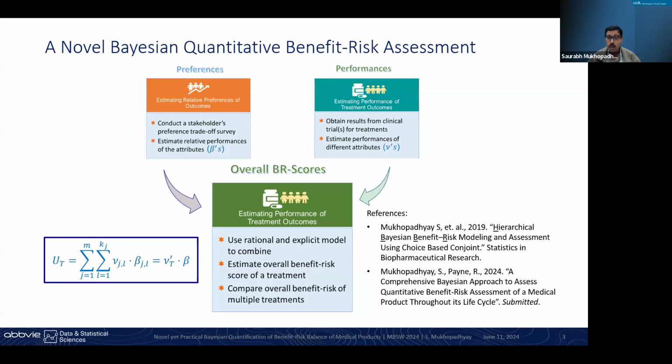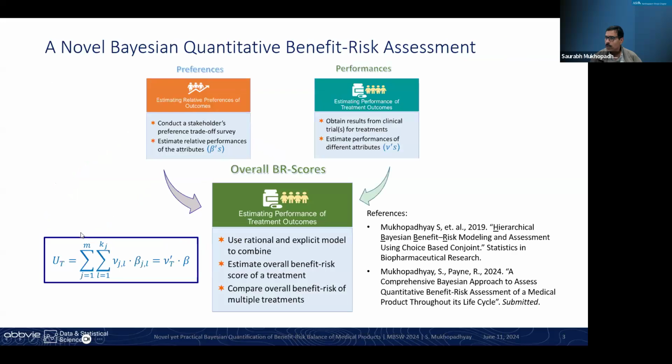It does so by conducting a specially designed stakeholder preference or trade-off survey and estimating the relative preference parameters, which we call beta for our purpose. And we estimate that using a hierarchical Bayesian model. We call it HBBR, which is an abbreviation for hierarchical Bayesian benefit risk model.